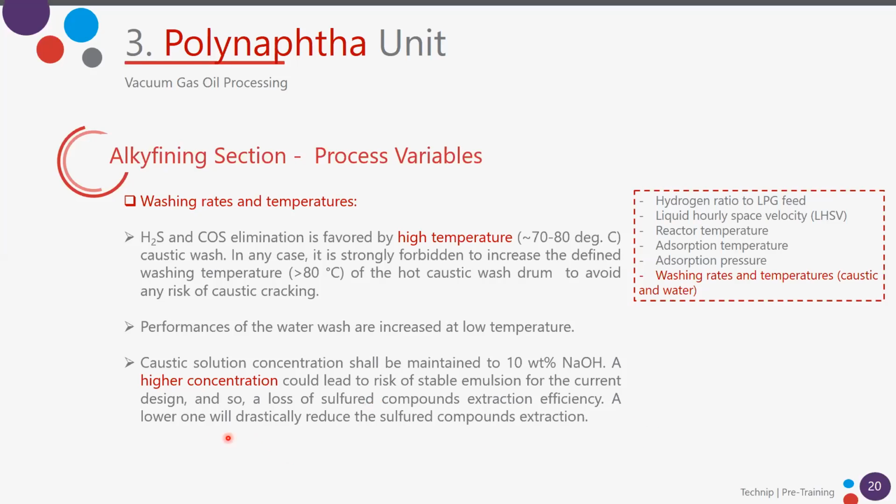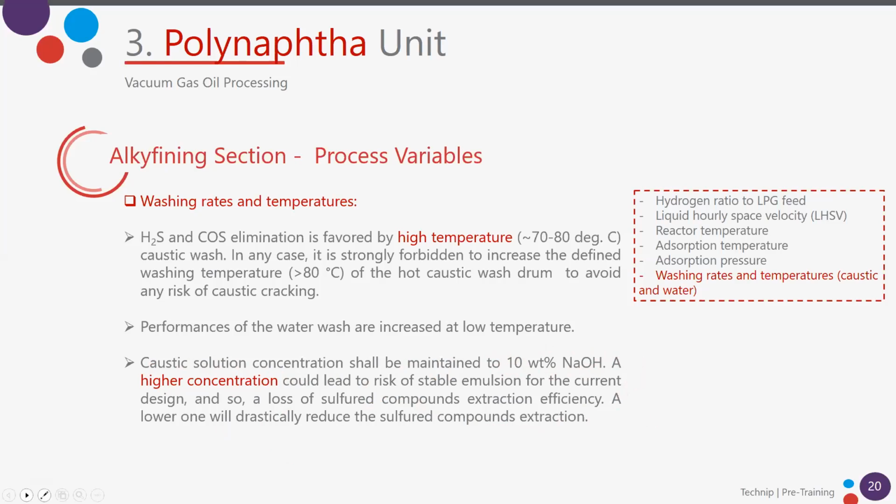And if we have a lower one, we will reduce the sulfur compound extraction. So we have to keep the caustic solution at this 10% concentration, not higher or lower, okay?